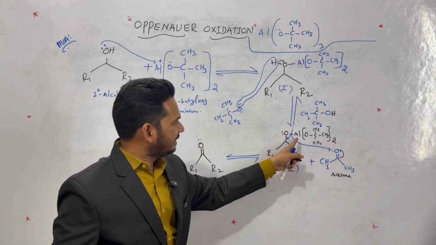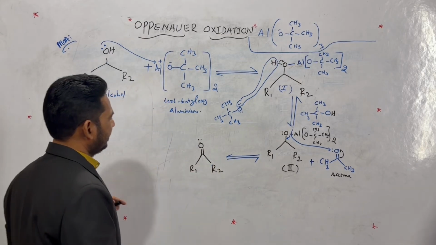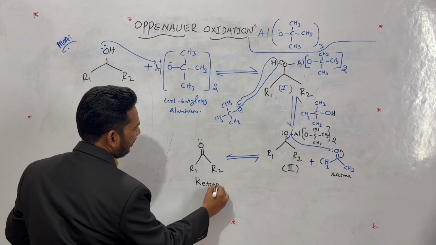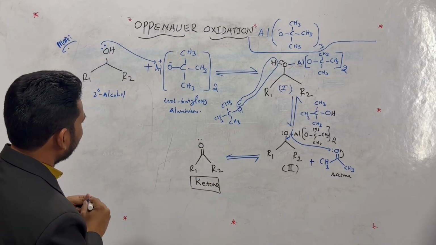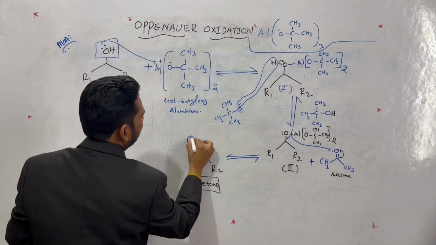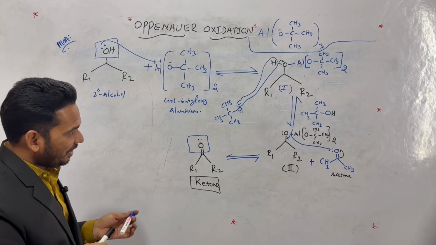Okay, because it is leaving a pair of electrons, that is helpful for the formation of the double bond. Then what will be formed here? What is it called? Ketone. What is the definition? Conversion of the secondary alcohol to ketone. What we achieved.